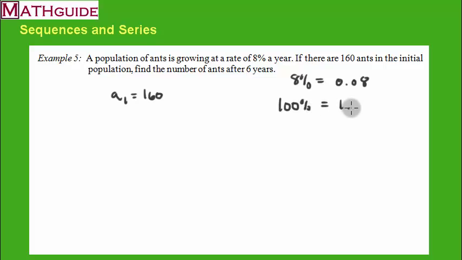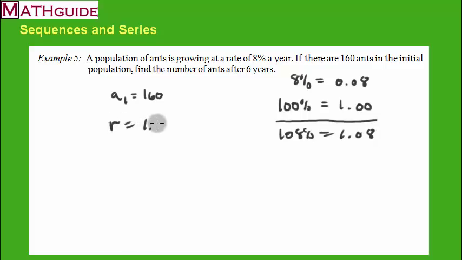Your starting amount is 1, right? That's how much you start with. 1 times 160 is 160. So I don't want an 8% rate. I want 108%. Therefore, it'll be increasing, right? So it'll be 1.08. There's your rate, 1.08.